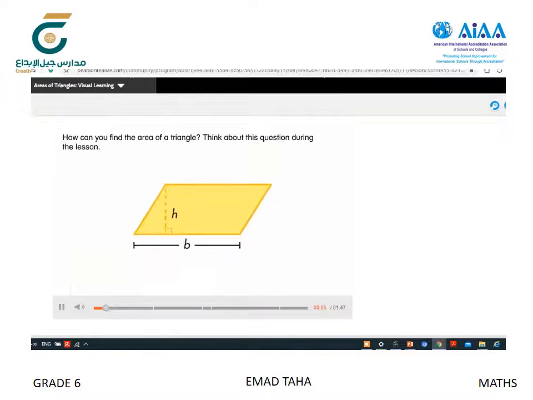How can you find the area of a triangle? Think about this question during the lesson. A parallelogram can be decomposed into two identical triangles. How can you use the formula for the area of a parallelogram to find the area of a triangle? Describe how you can find the area of a parallelogram.